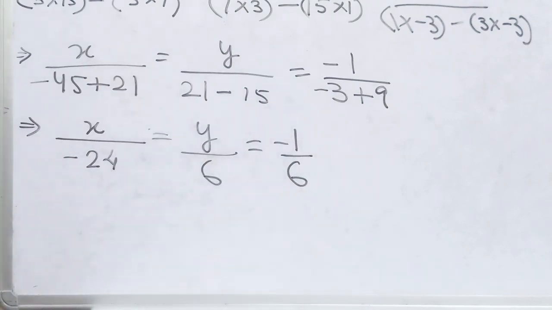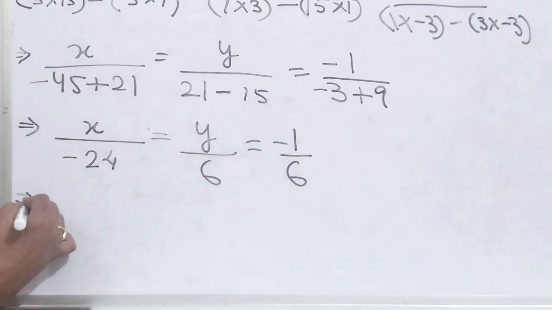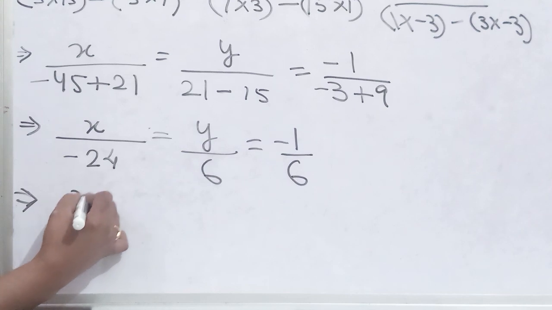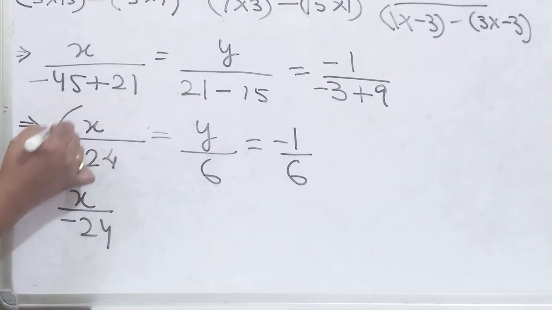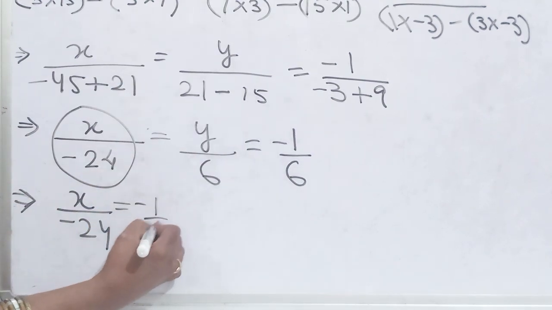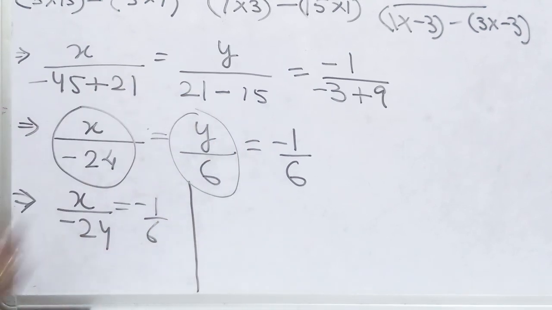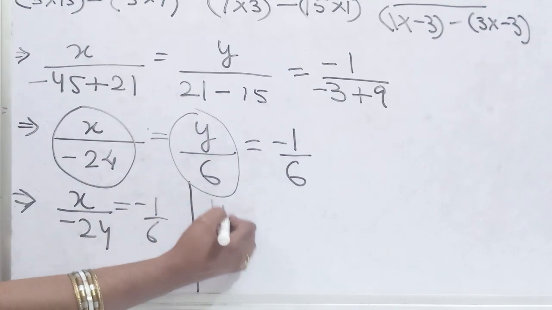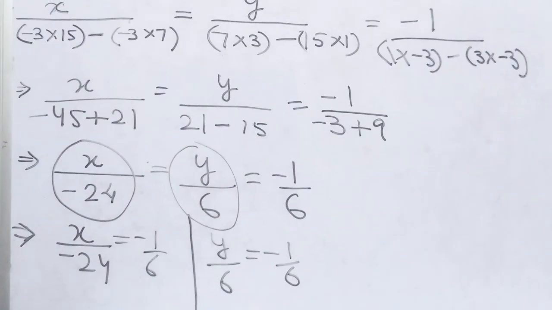After reaching up to here, we have to divide this into two parts so that we get the values of x and y. How? The portion of x, x by minus 24, equals the last one, minus 1 by 6, and the portion of y, y by 6, also equals minus 1 by 6.